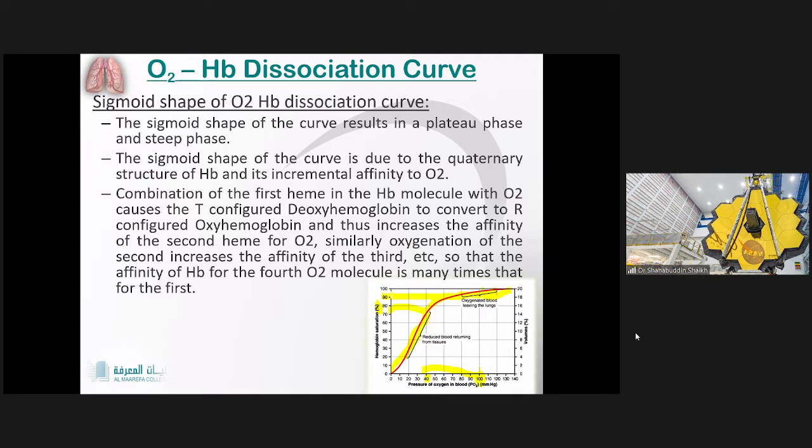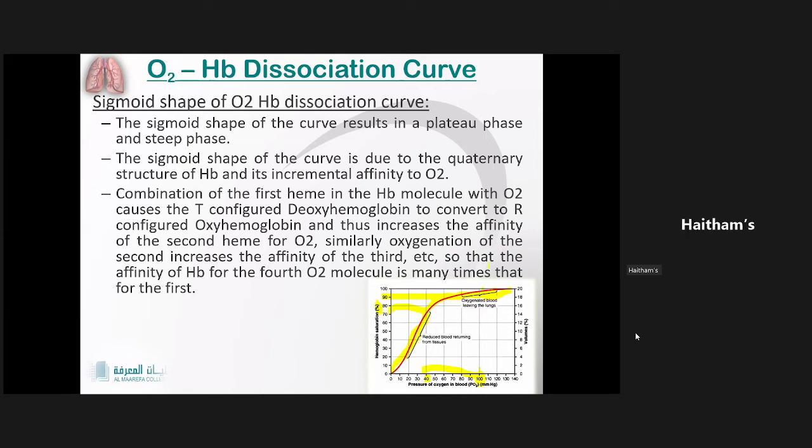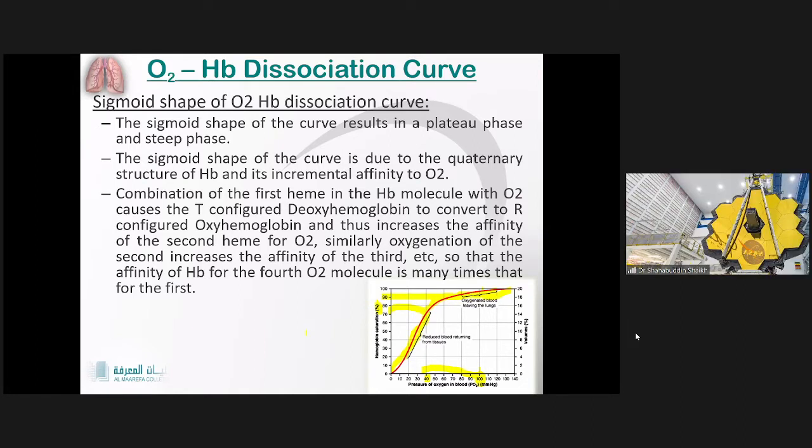Where is the rest gone? It is given to tissues. So the meaning of this plateau curve is to give 25% of the oxygen. The pressure has to come down from 100 to 40 slowly.